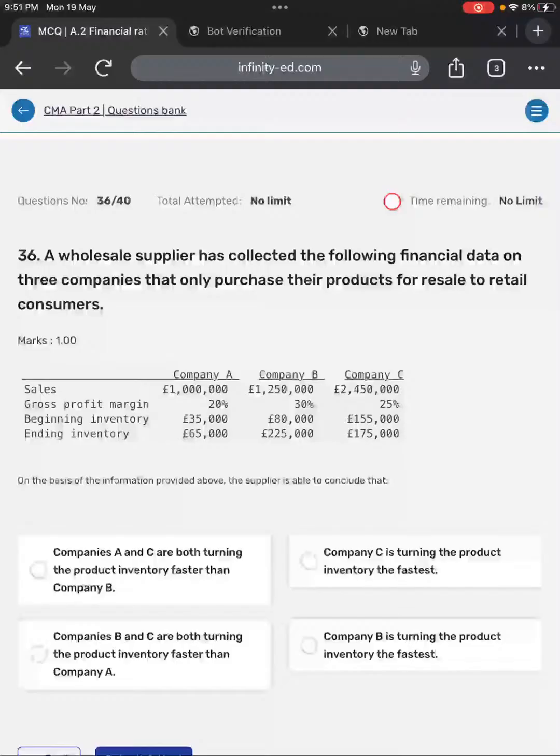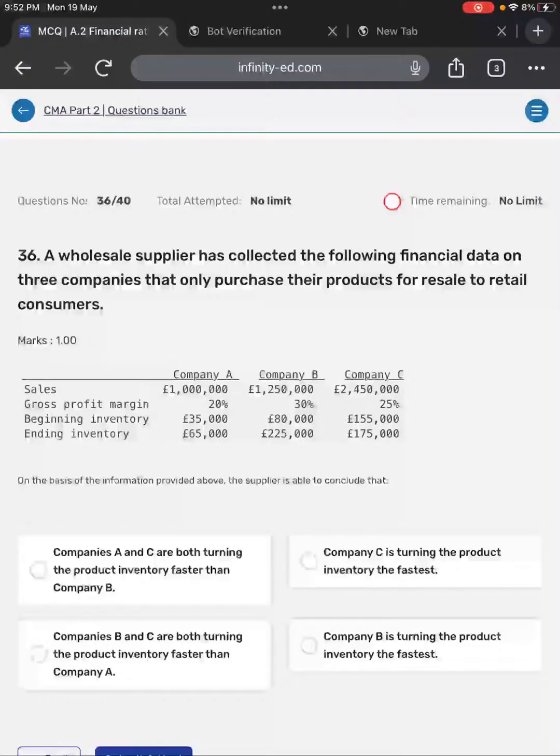Inventory turnover 11.13, 360 divided by 11.13 equal to 32 days.